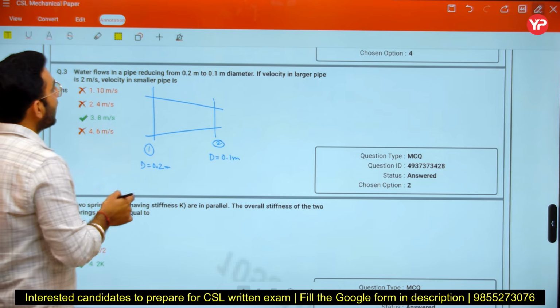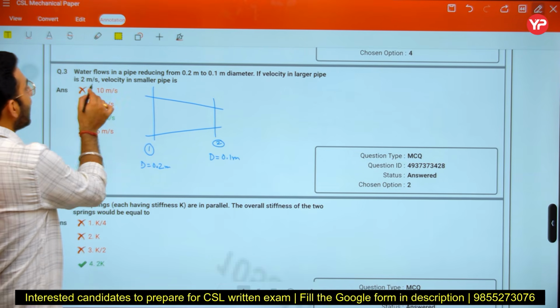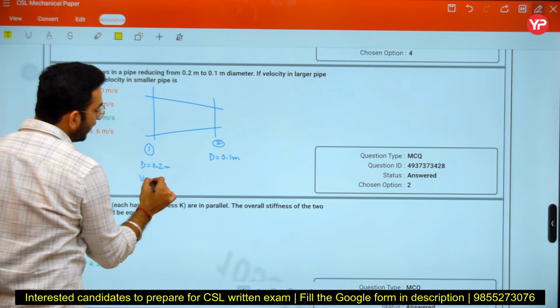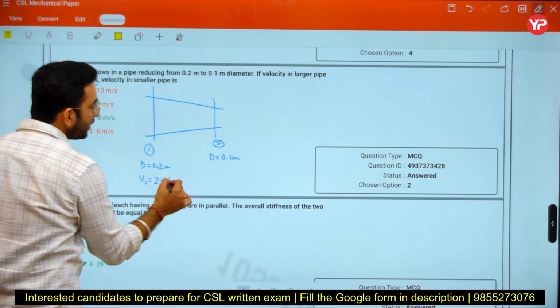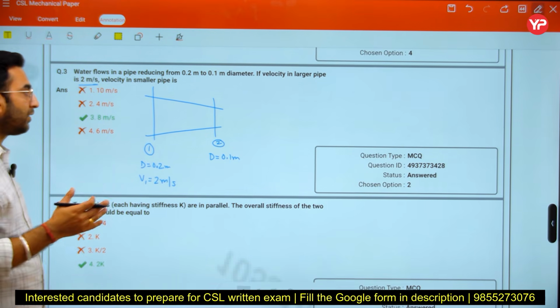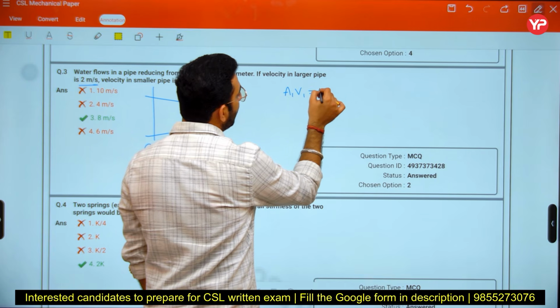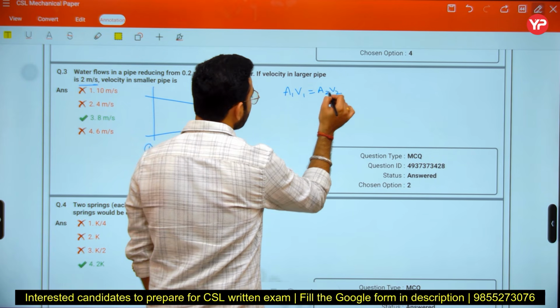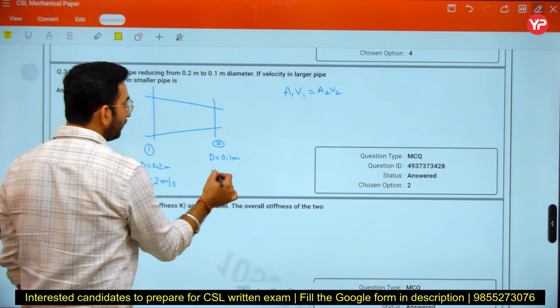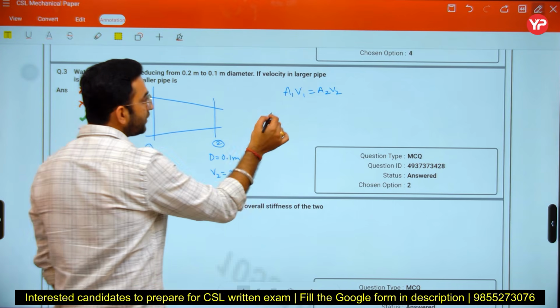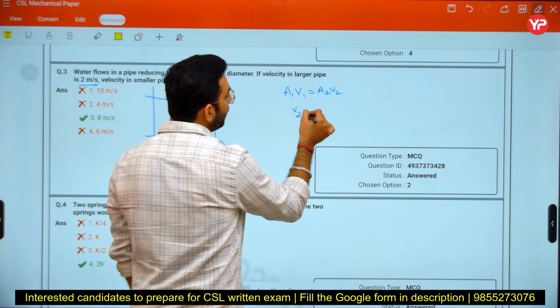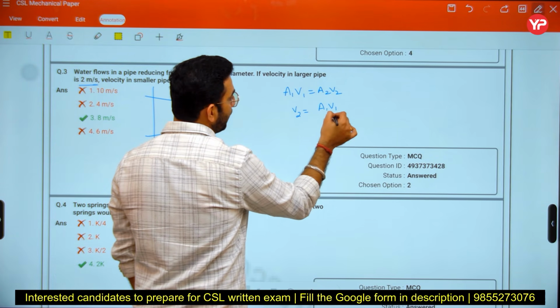The velocity in the larger pipe is given as 2 meter per second. In this case you can simply write down the continuity equation: A1 V1 equals A2 V2. We want to calculate the value of V2, so V2 comes out to be A1 V1 divided by A2.